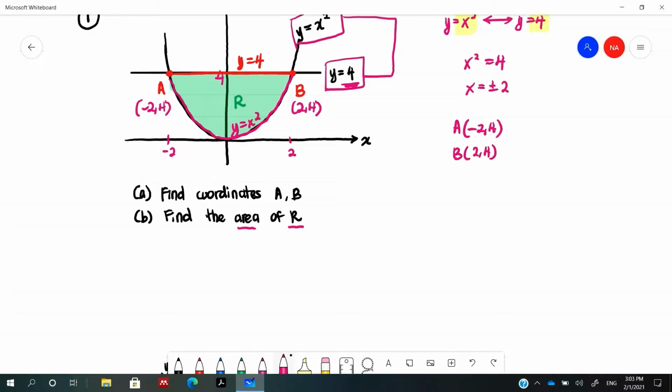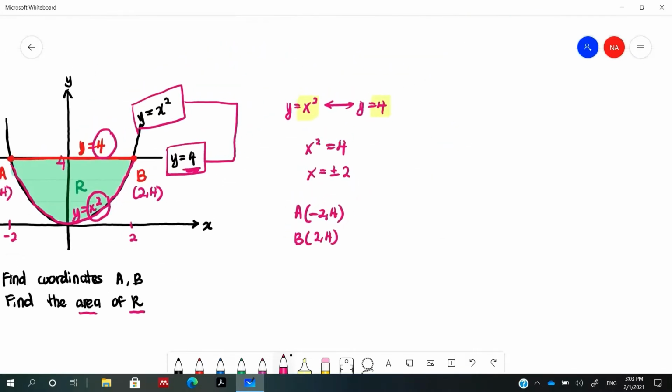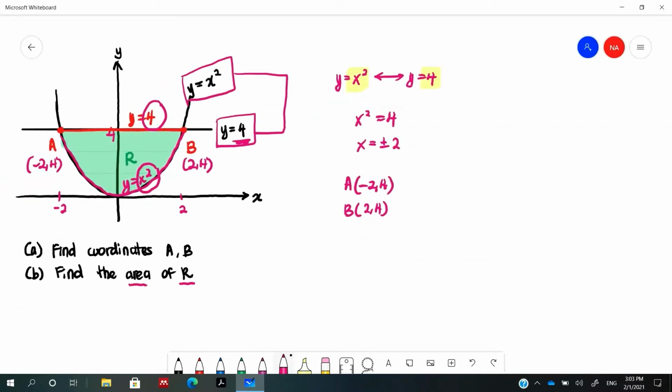So this one should subtract this one. To find the area, we integrate with respect to x, from negative 2 until 2, because the region is bounded from this place until this.